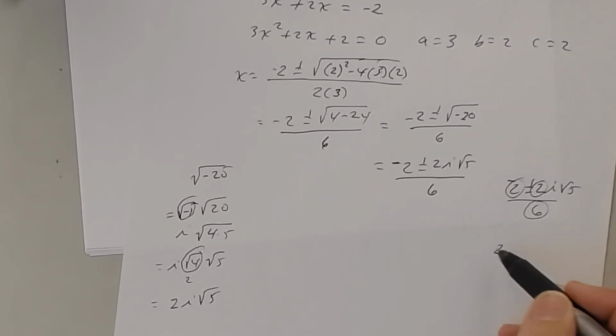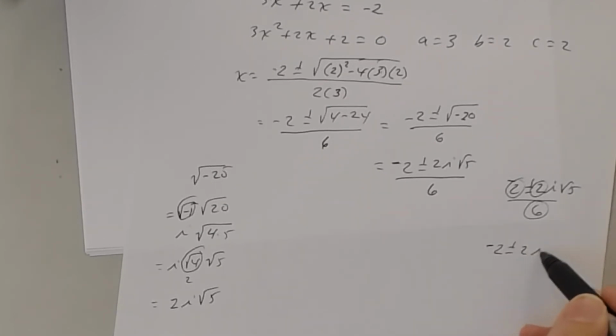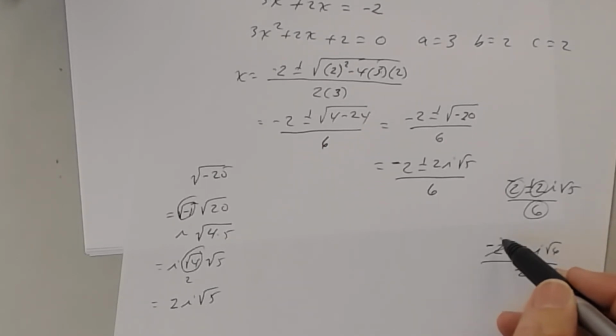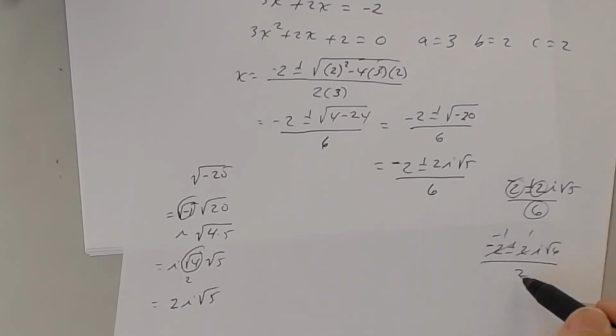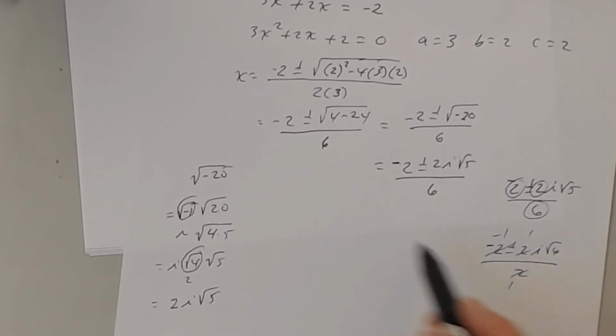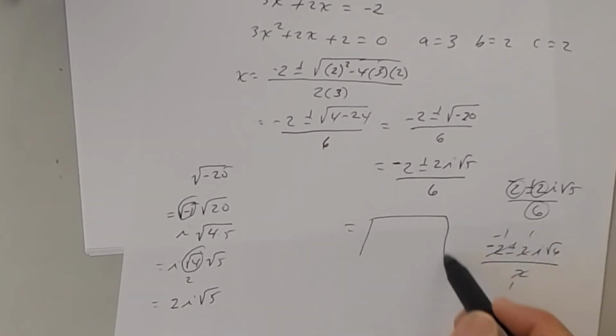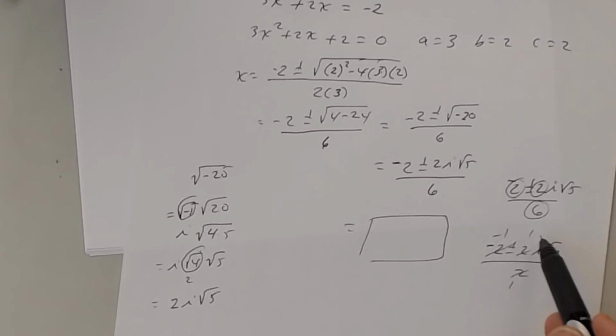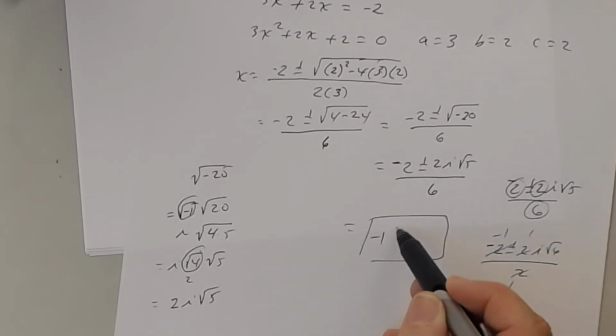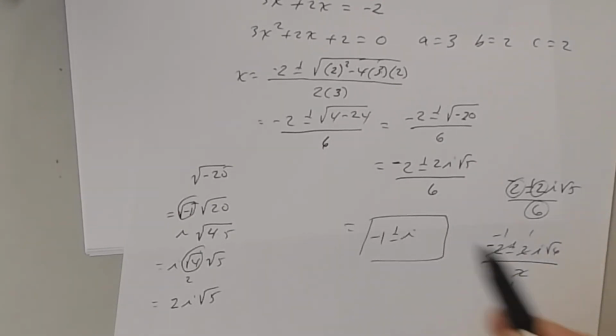So 2 into negative 2 is negative 1, 2 into 2 is 1, 2 into 6 is 3. So what would be the answer you would give me? Negative 1 plus or minus i square root of 5, all divided by 3. Don't say divided by 1, because I expect you to know that the numerator divided by 1 is just the numerator.